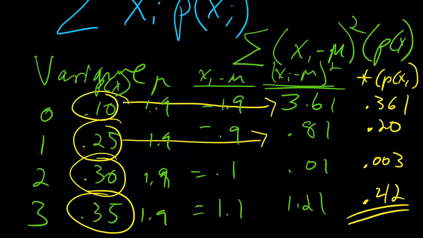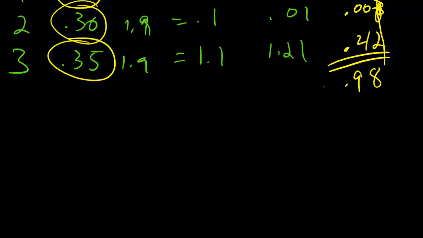If I add these guys up, I get, let me chop this guy off. I'm going to just put 0.0 and make that go away. 6 plus 2 is 8. 3 and 5 is 8, and 4 is 9. I get 0.98. 0.98 then is my variance.